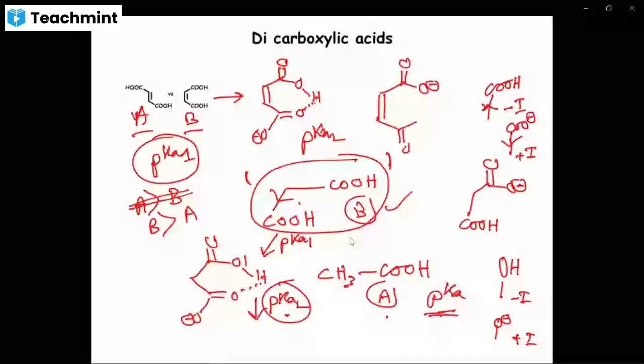Plus I effect is present in both cases, right?